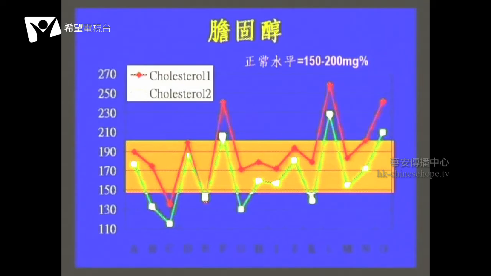Because before that, I always had the idea that to drop cholesterol, at least we need 1 or 2 months. But if you do the right treatment with diet and exercise, you can drop it in just 1 week.